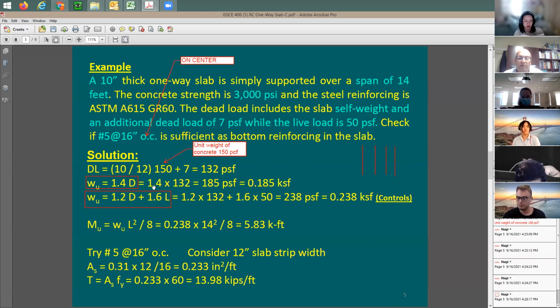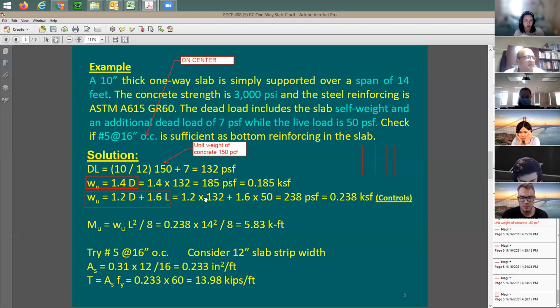Multiply by 1.4, the load factor. This equals 185. If you like, you can divide by 1,000, put it in kip per square foot instead of PSF. So now I have 0.185 kip per square foot.